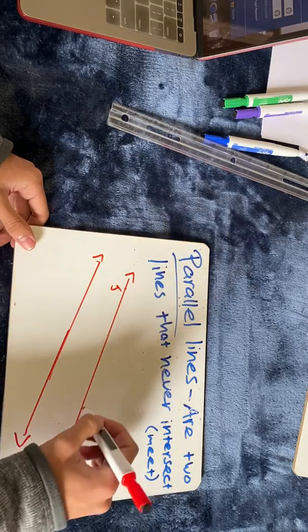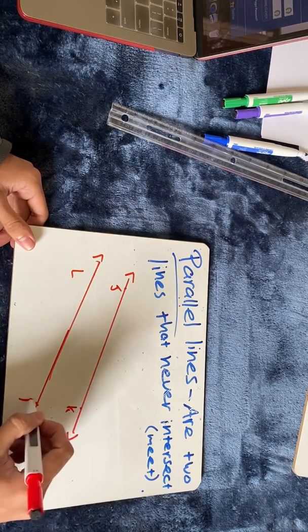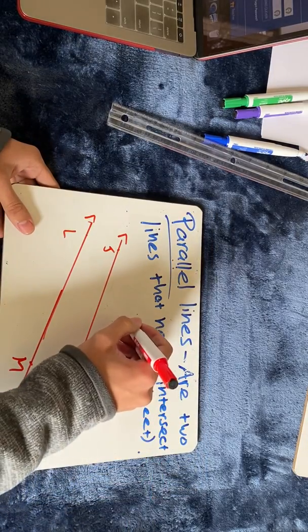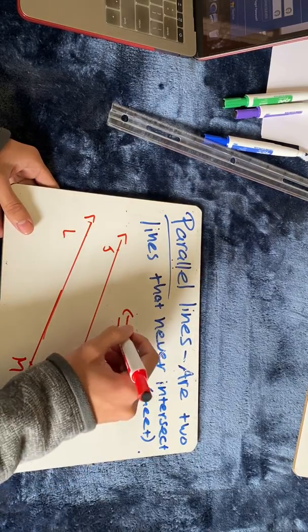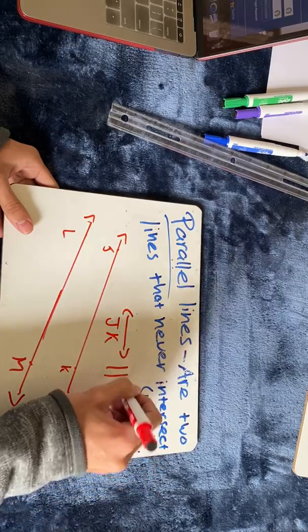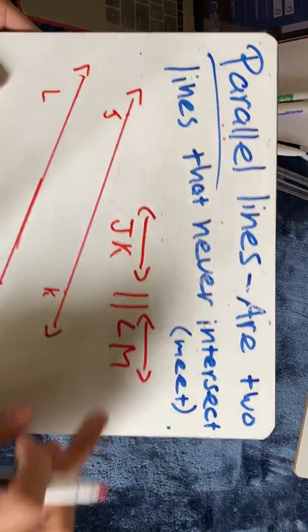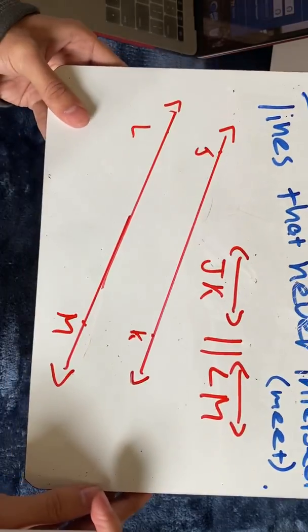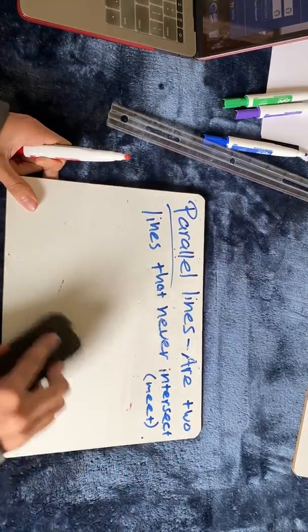Let's name this one J, K, L, M. Okay? So the way we write this one down is, line JK is parallel to line LM. So, line JK is parallel to line LM, okay? And that's it.